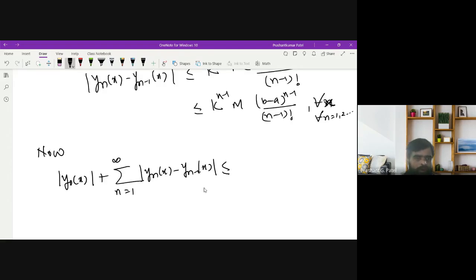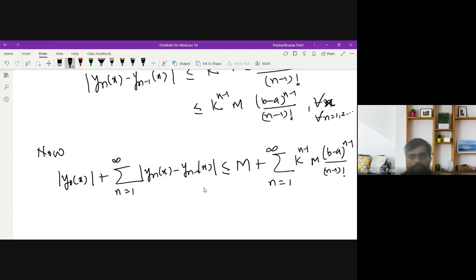This quantity y0 is already less than or equal to m. So it is m plus the summation, n running from 1 to infinity, of k raised to n minus 1 times m times (b minus a) raised to n minus 1 upon (n minus 1) factorial. We can write this down.